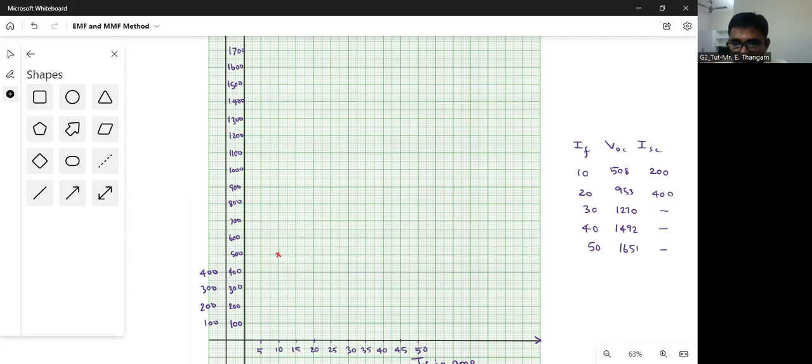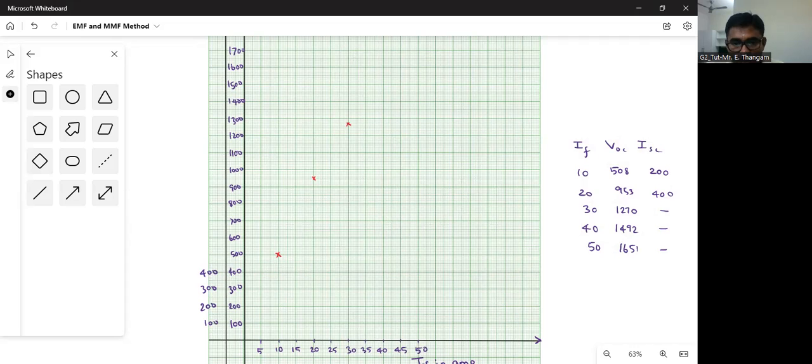For 20 amps, 953. So this is the point, right? Then for 30 amps, 1270. So this is the point, 1270.